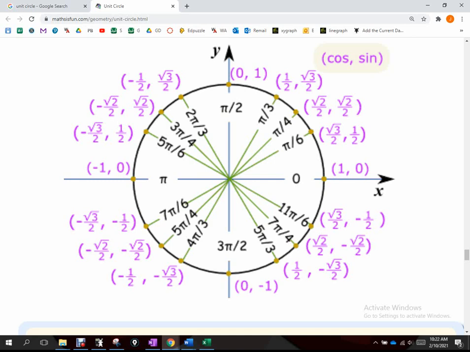Because this essentially goes 1, 2, 3, 4, 5, 6, 7, 8, 9, 10, 11, 12, and it gets me all the way around by counting. What I was doing was counting multiples of 30 up to 360, but it was essentially 1 through 12, because 12 pi over 6 gets me from 0 to 2 pi.